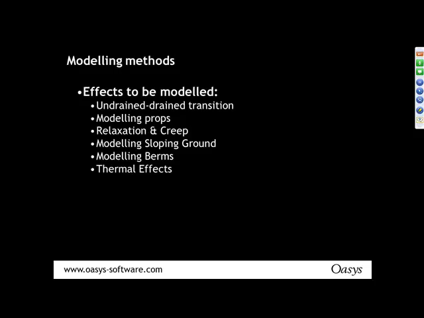You can model props in Frew. Relaxation and creep can be modeled in Frew, and that's very important. You can model sloping ground, and you can also model berms. Details of this are given both in the manual and in the presentation, which is available on our website. And also thermal effects. So in the long term, you can model quite a lot of features within your retaining wall with Frew.